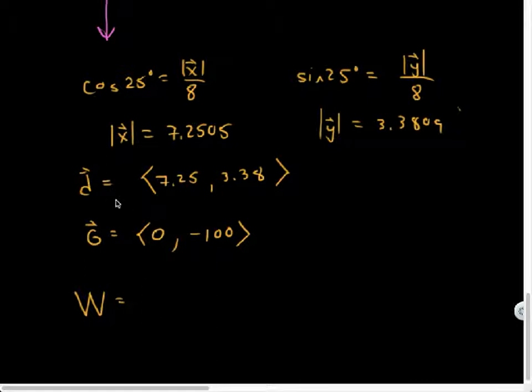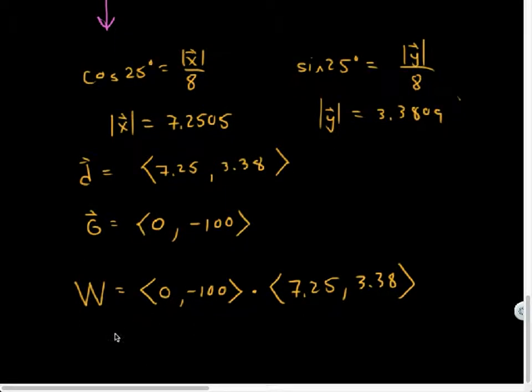So I'm going to find the work, I multiply my force by my displacement. So I would just dot product these guys. So 0, negative 100, dot product with 7.25, comma 3.38. Now remember, I'm expecting this to equal a number.